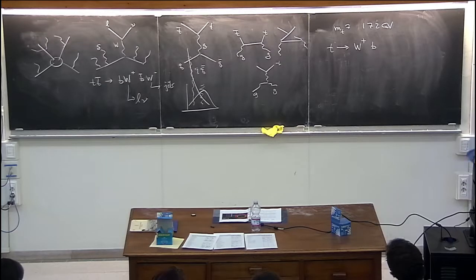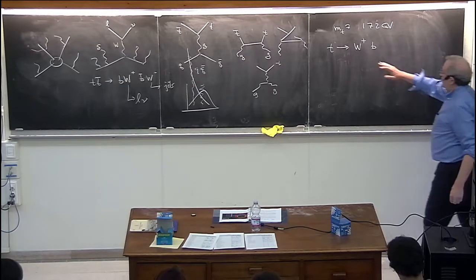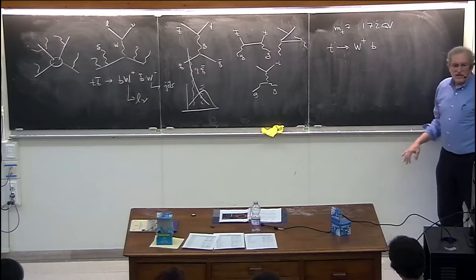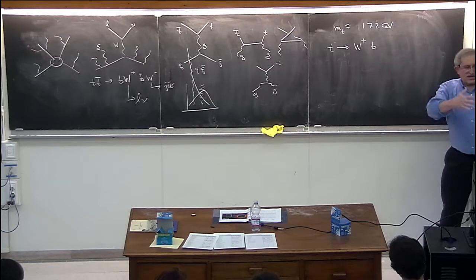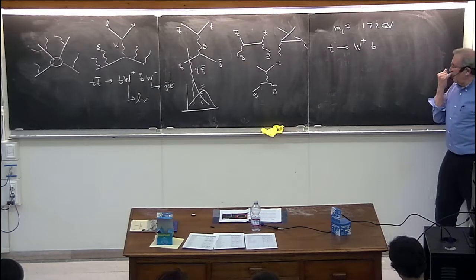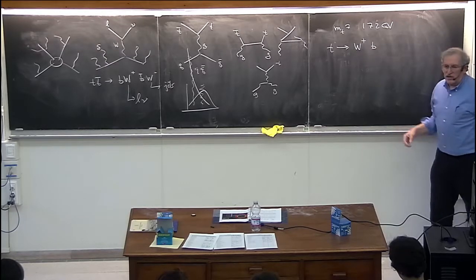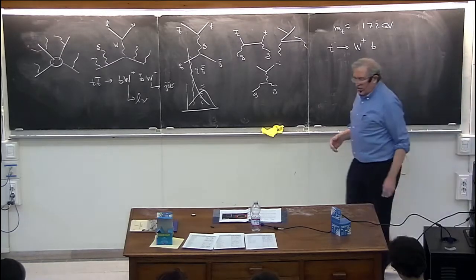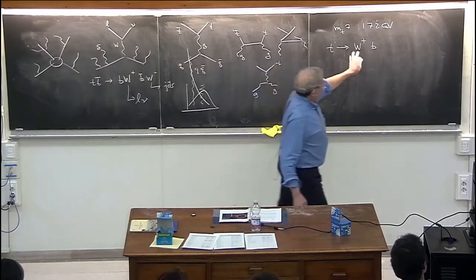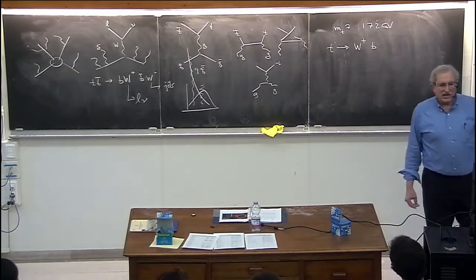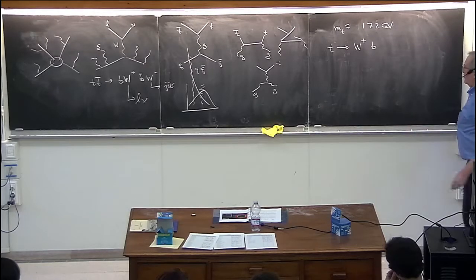So whereas for all the other quarks, the weak interaction is an off-shell process. For example, in beta decay, you have a virtual W that then turns into leptons or quarks. For the top quark, the W is on-shell. And this has some interesting consequences, both for the angular distributions in this decay and also theoretically, that I'm going to take up in the next lecture.